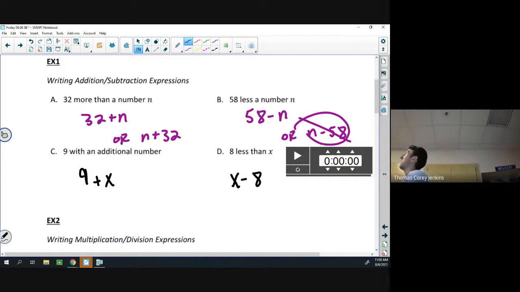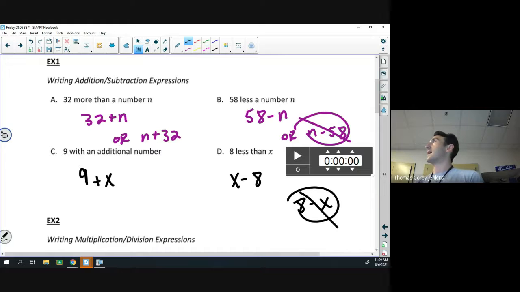So I want you to take a mental note of the difference between less that we saw in B versus less than that we saw in D. That's what affects the order. Less is different than less than, okay? Just little details that can change it up. So in other words, 8 minus x would have been wrong. You would have scratched that out and corrected it to x minus 8. Okay? Everybody with me? Any questions before we move on?